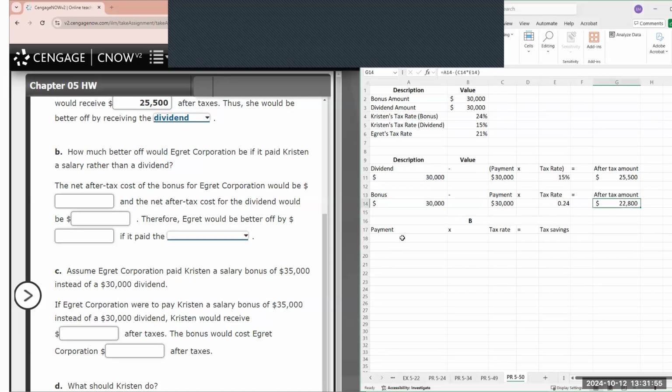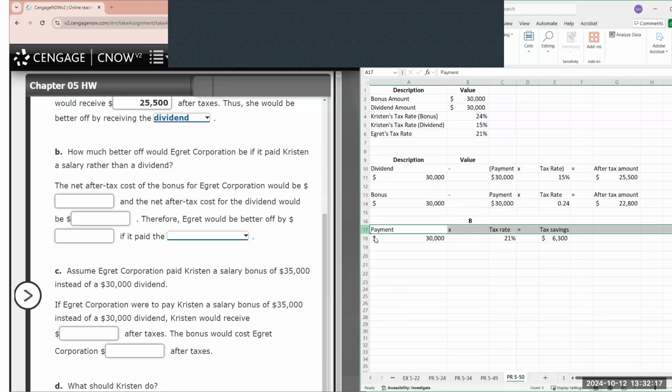So in order for us to determine the amount, it'll be 30,000, and then we consider the tax rate. The tax savings would be $6,300. And then we need to figure out, well, what is the net after-tax cost?